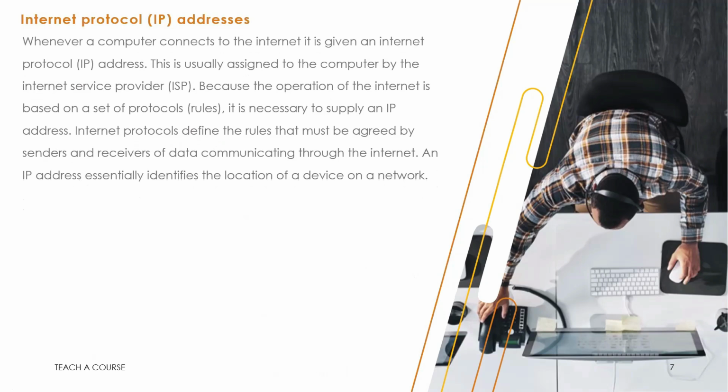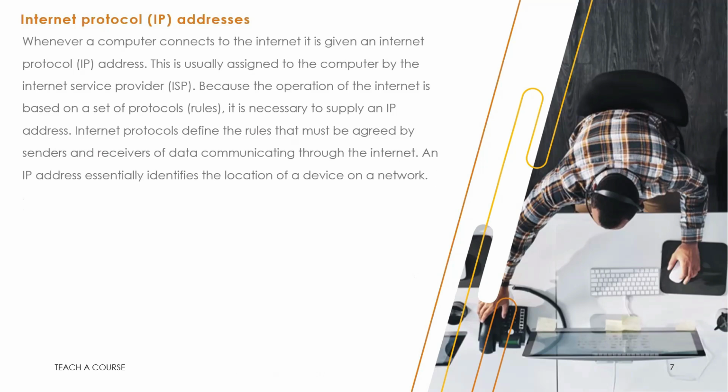So an IP address can change depending on the location of the device, but the MAC address does not change. You can look at the MAC address as maybe your DNA. Your DNA will not change even if you relocate from country to country. It still remains the same. Whereas your physical address where you stay can change if you shift from one house to the other. So that's how you can look at this.